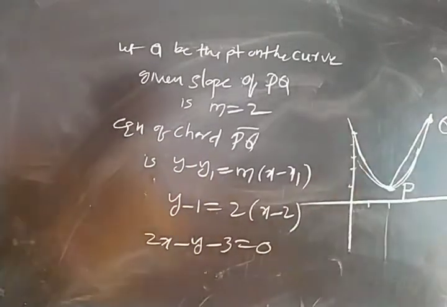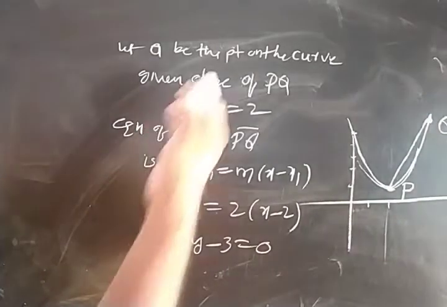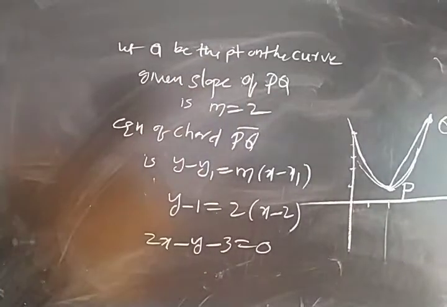Now I am going to find the point Q where it meets the parabola. By solving the parabola and the straight line, we will get the intersection point.